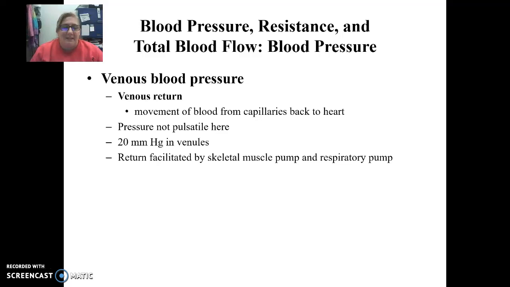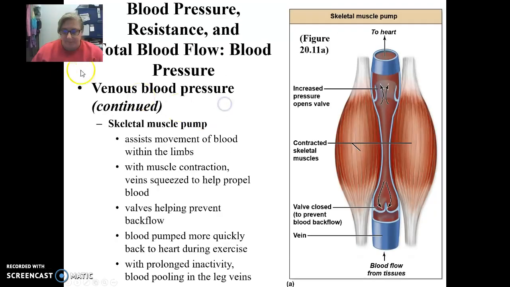The veins don't have the musculature that arteries do, and so they rely on skeletal muscle surrounding the blood vessels as well as the respiratory system. So this is a skeletal muscle pump, and I would look at this and say this would be like your gastrocnemius right here.